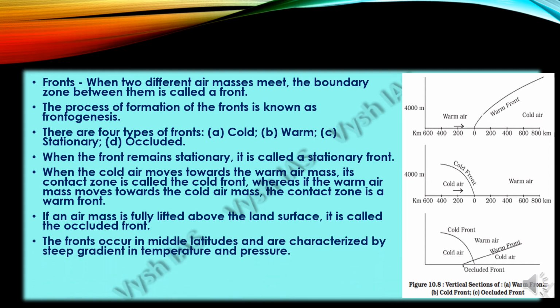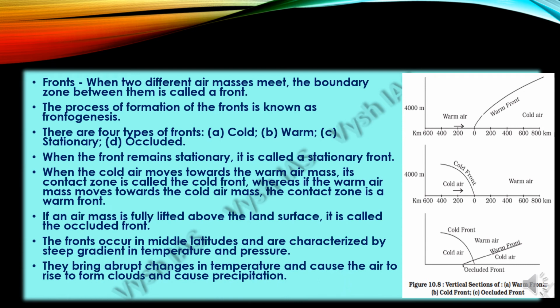The fronts occur in the middle latitude regions and are characterized by steep gradients, which are slope type, in temperature and pressure. They bring abrupt changes in temperature and cause the air to rise and form different clouds and cause rainfall, precipitation.